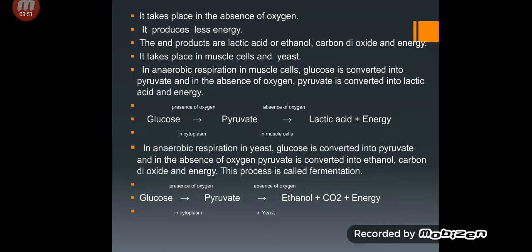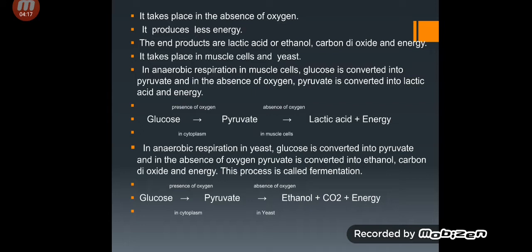In anaerobic respiration, in muscle cells, glucose is converted into pyruvate, and in the absence of oxygen, pyruvate is not converted into carbon dioxide, but it gets converted into lactic acid and energy. This buildup of lactic acid in our muscles during sudden activity causes cramps.